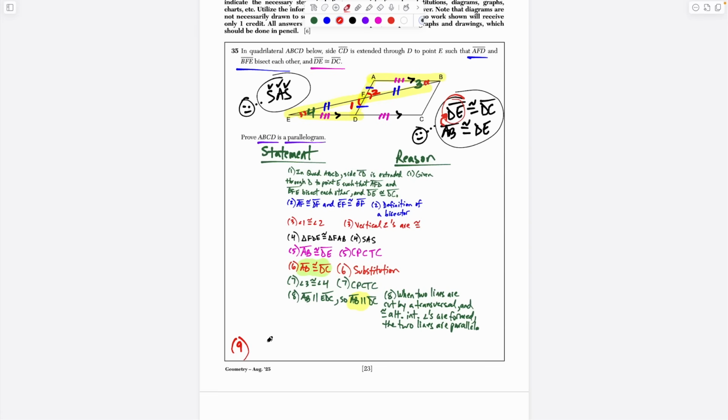We could say that ABCD is a parallelogram. And I like to abbreviate parallelogram like this. I draw a parallelogram and I write a P inside. And the reason for this is that if one pair of opposite sides is both congruent and parallel, then that quadrilateral is a parallelogram.